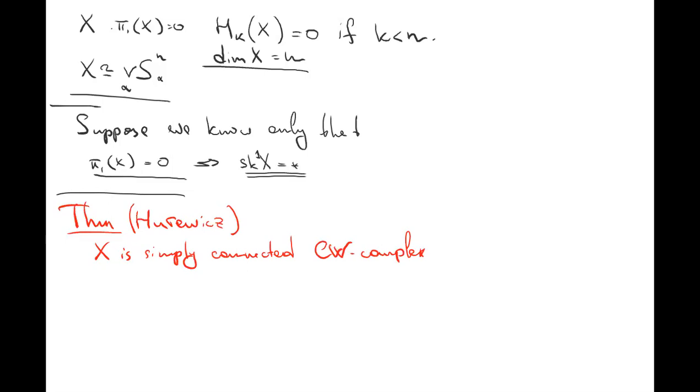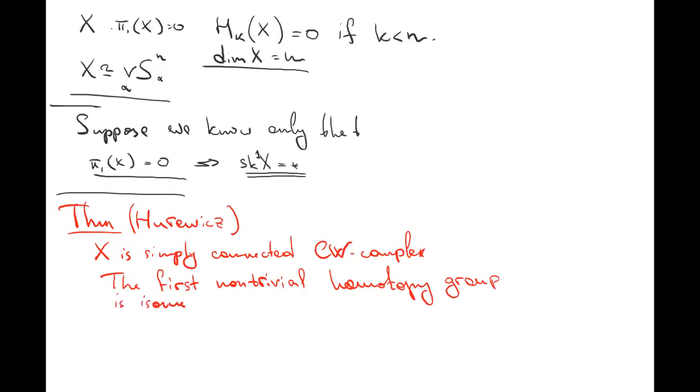The first non-trivial homotopy group is isomorphic to the corresponding homology group.